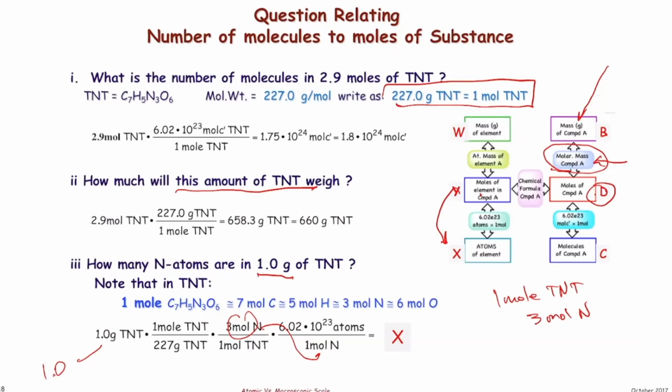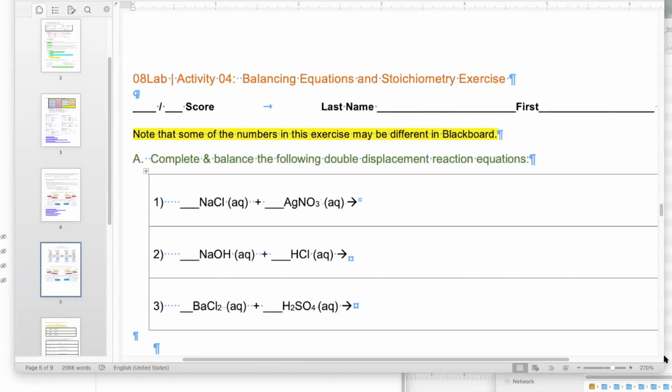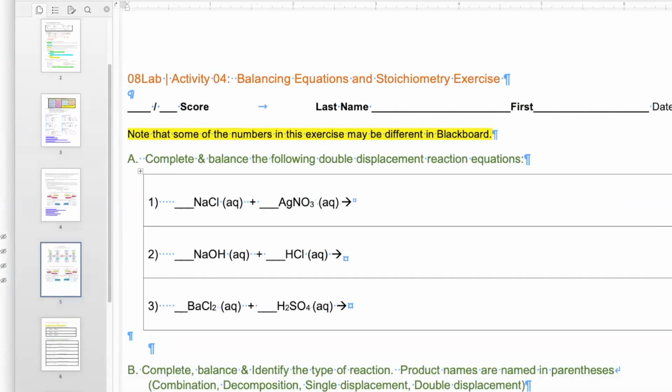So let me change screen here to show you that. So this is your activity. This activity simply says balance the equation. Sodium chloride plus silver nitrate. This is a double displacement reaction. So the sodium will bump off silver and you get sodium nitrate, and the silver will bump off sodium and you get silver chloride.